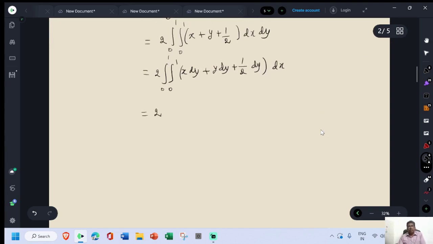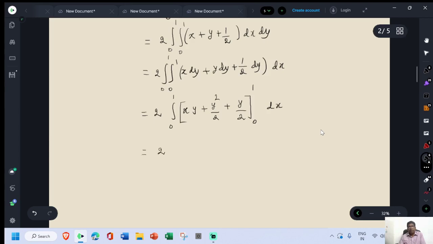It is 2 into 0 to 1. To do the integration with respect to y, x into integral of dy is y. Here x is a constant. Plus y dy is y square by 2. Plus integral of dy is y by 2. Apply the limits. Lower limit 0, upper limit 1. Entire should be multiplied by dx.